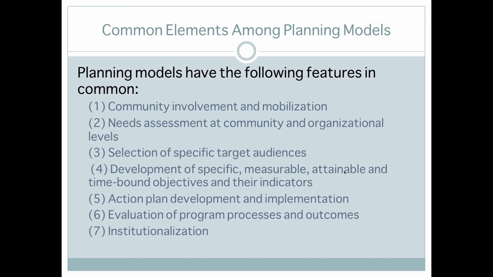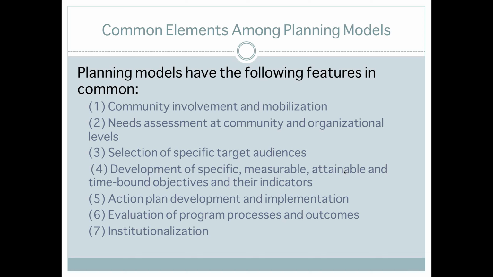Regardless of which model you're looking at, these are the core activities you would engage in a successful planning effort. The first thing is community involvement and mobilization. The second is needs assessment at the community and organizational levels.